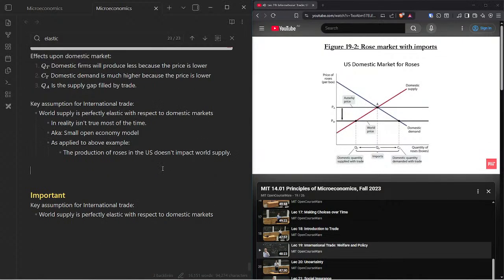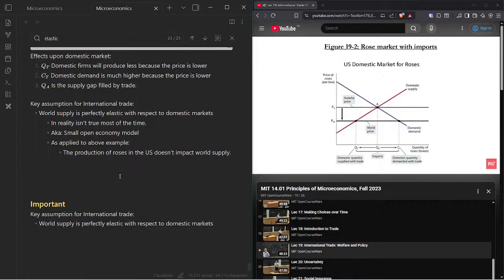So we get this flat supply curve. So what do we get? Well, the U.S. consumers now want, that should be a Q, by the way. The C sub T should be a Q. That should be a Q sub T.